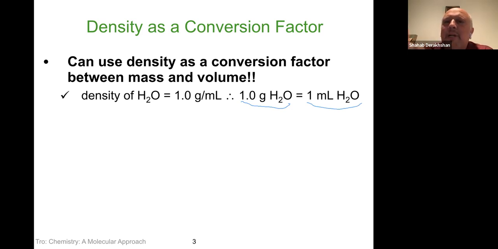And then I can say 1 gram of water being equivalent to 1 milliliter of water. I can use this as conversion factor. Or I can use this as conversion factor.